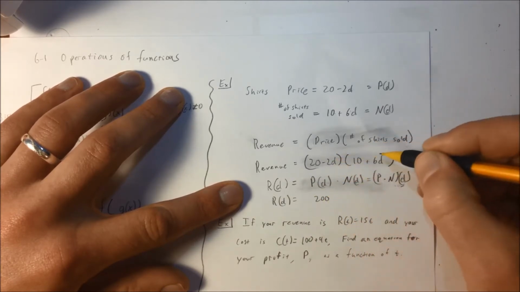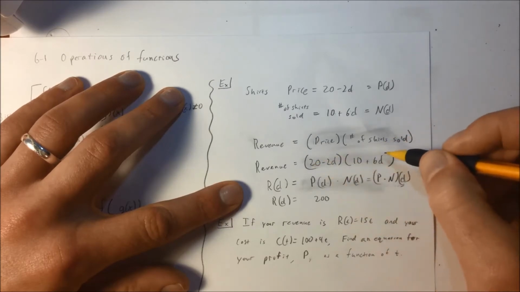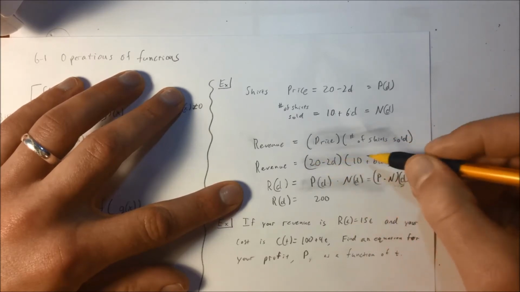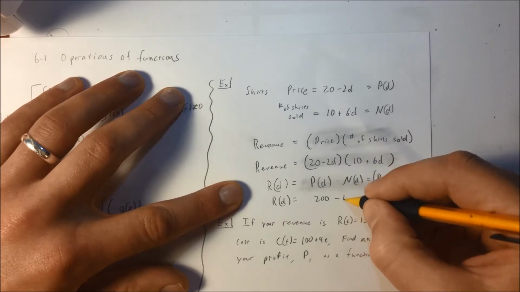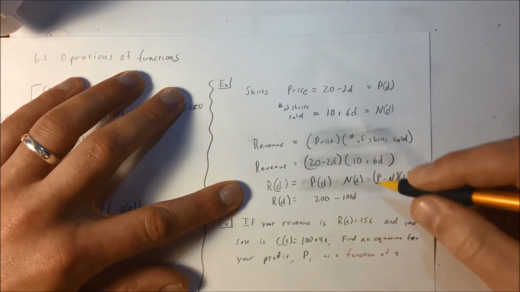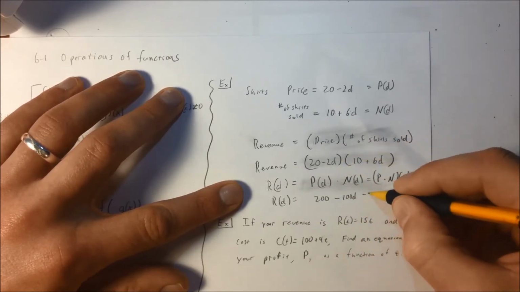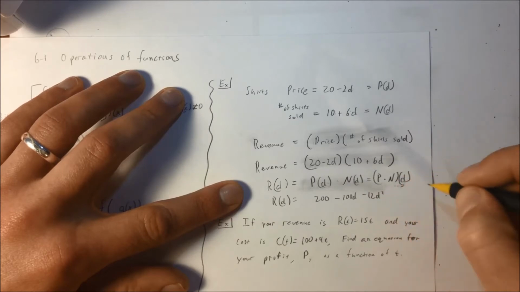We're going to get minus 20D plus 100. Plus 120D, so it's going to give us minus 100D, and then minus 12D squared.